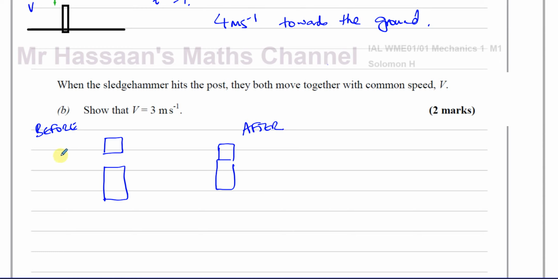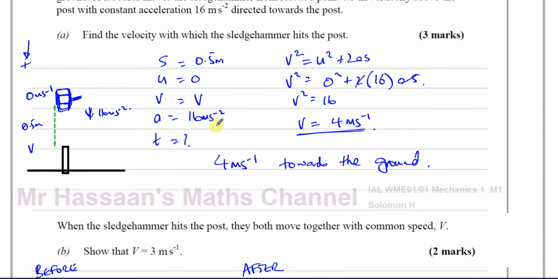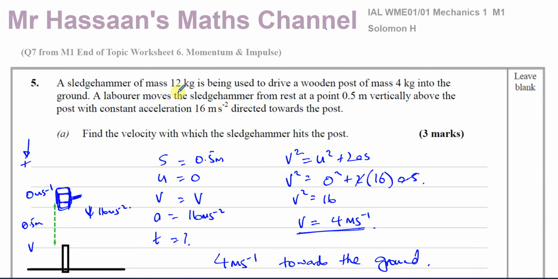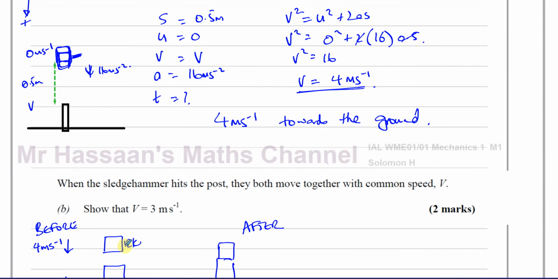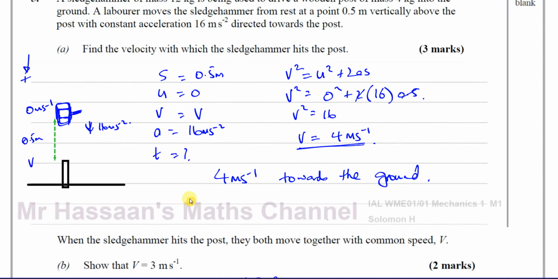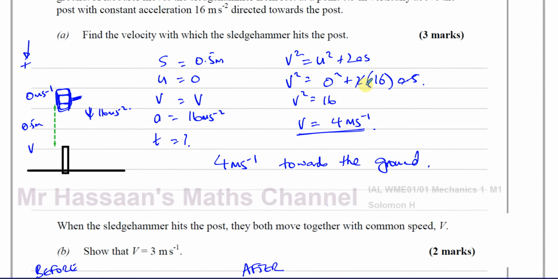Before, the sledgehammer is moving downwards at 4 meters per second, and the post is not moving. The sledgehammer has a mass of 12 kilograms, and the post has a mass of 4 kilograms.